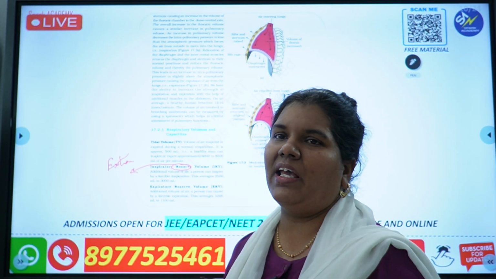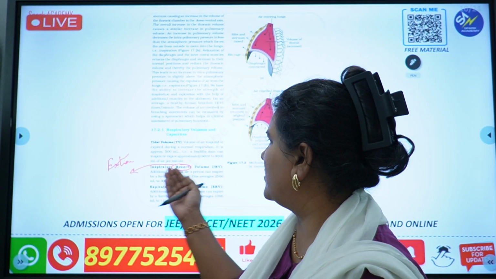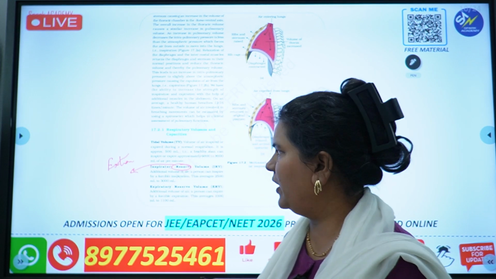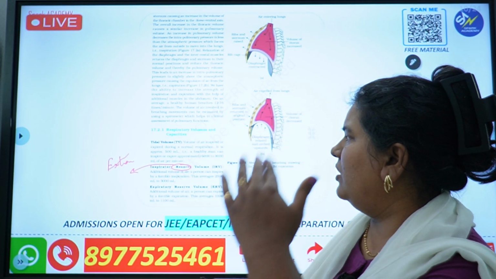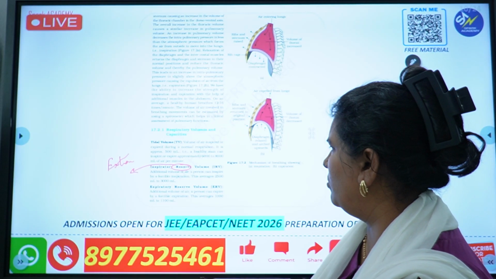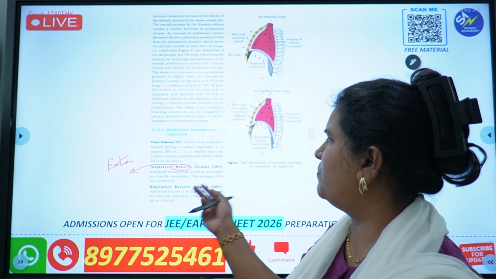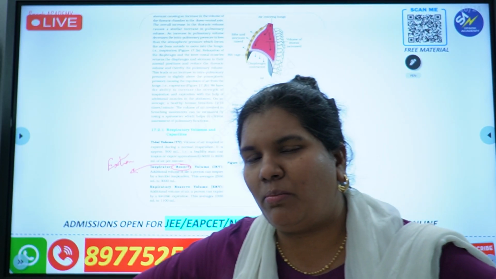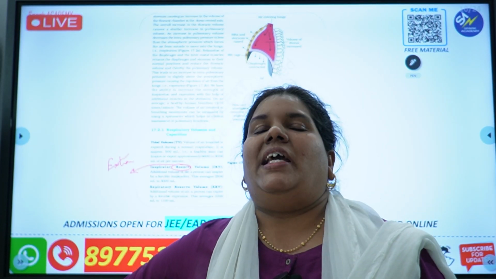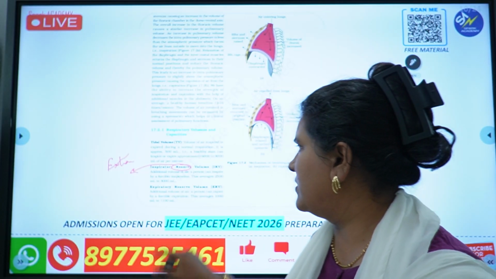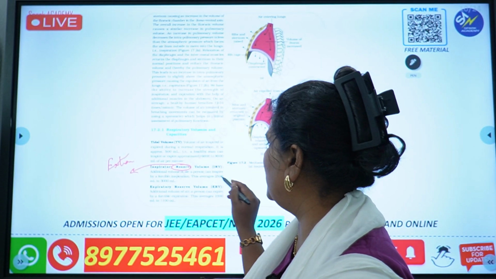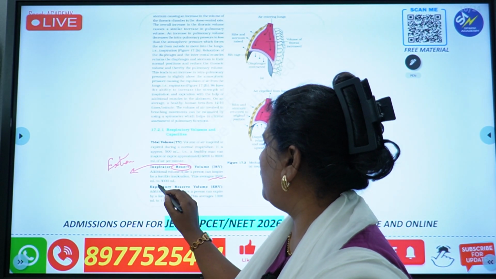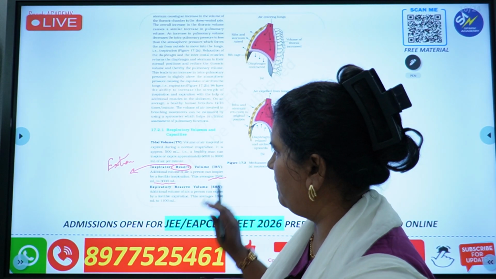How do we define it? Additional volume of air a person can inspire by forceful inspiration. That means I'm forcing my abdominal muscle and taking some extra air like that. That is inspiratory reserve volume. And how much is that? It is around 2,500 to 3,000 ml.